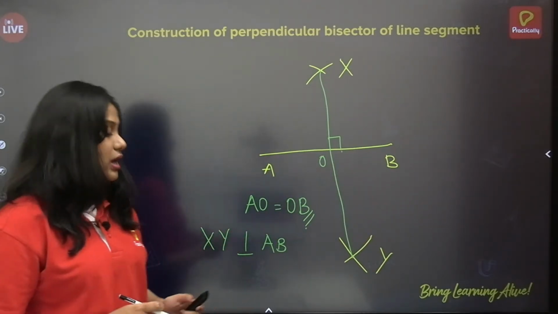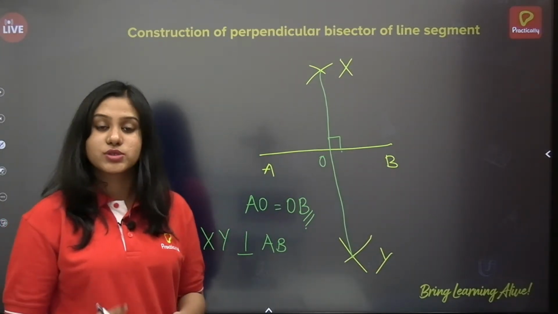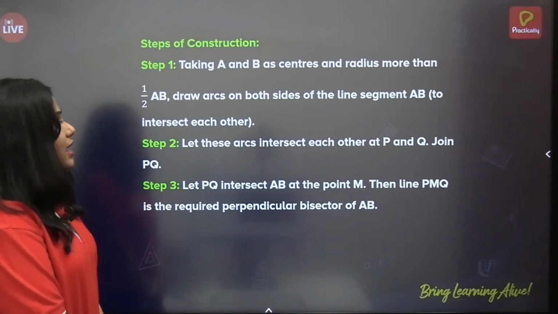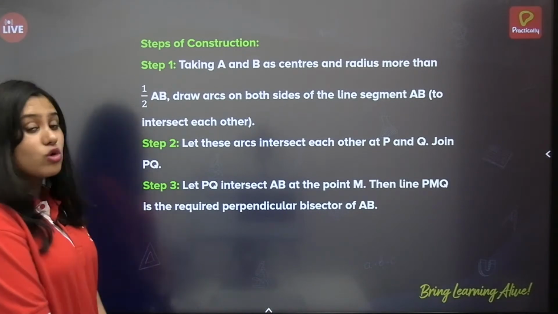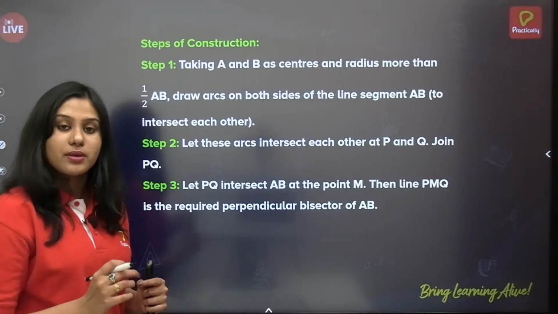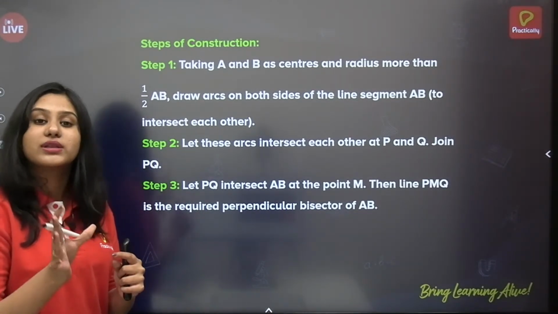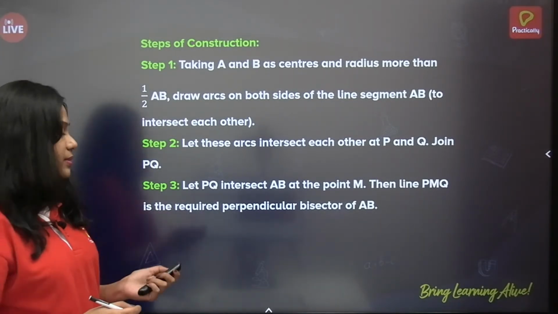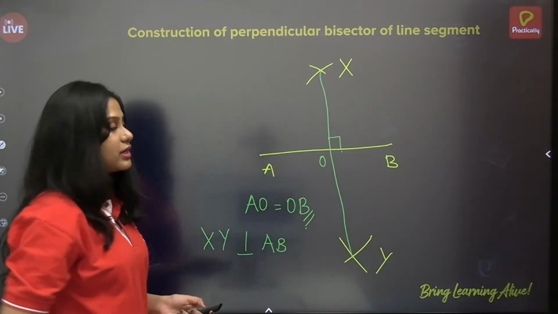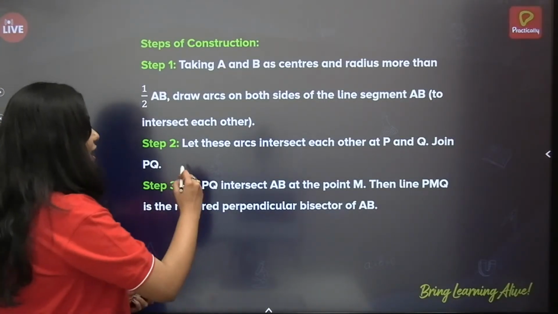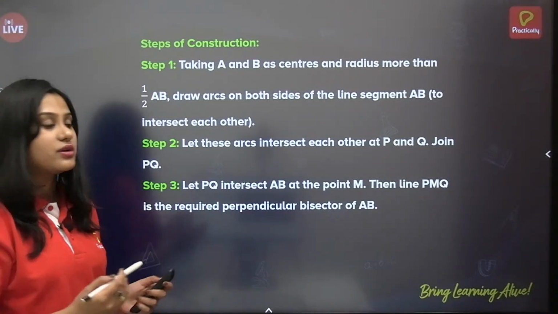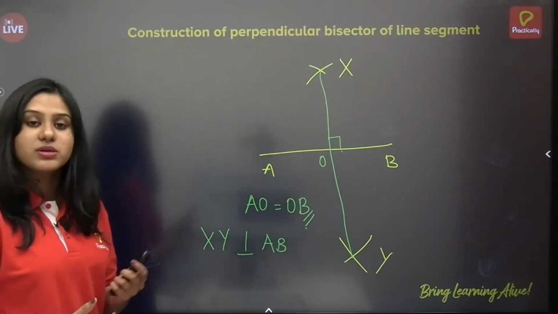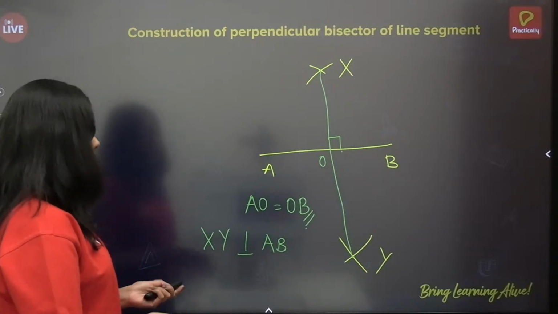I hope it is clear, but then we have to see the steps of construction. Taking A and B as centers and radius more than half AB, always remember, you have to take radius more than half of AB, draw arcs on both sides of the line segment. Of course, we did the same thing. Next, let these arcs intersect each other at P and Q, but here we have taken X and Y. You can take any variables which you find convenient.